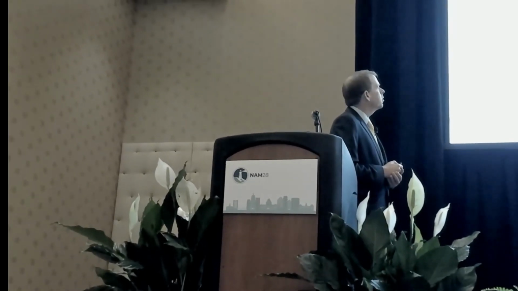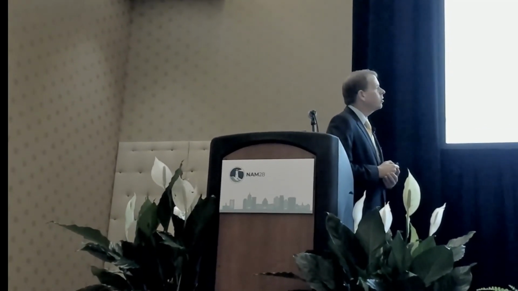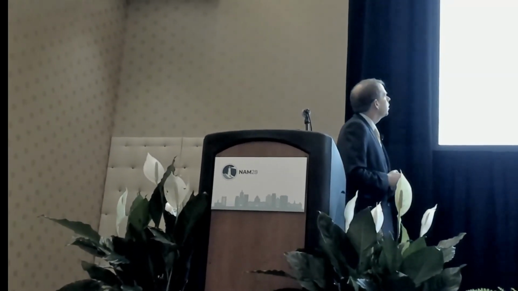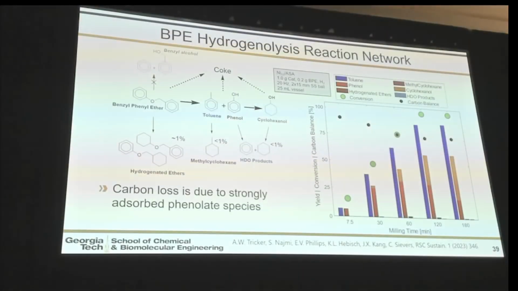We see phenol and toluene as products. When the phenol resides in the milling process for an extended period of time, you see some hydrogenation, although that is slower than the cleavage chemistry. And we see some minor reaction products, but none of those exceeded a few percent yield. We see that the toluene readily forms and is collected from the gas stream downstream of the milling vessel, whereas the phenol tends to remain.